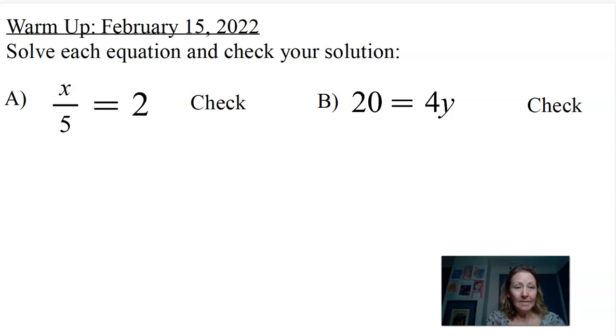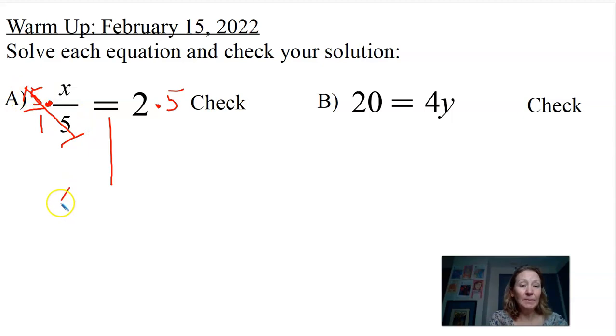Okay, the opposite of dividing by 5 is multiplying by 5, so I'm going to put a multiply by 5 over 1. I'm going to put a multiply by 5 here. Drawing my balance scale. 5 divided by 5 simplifies to a giant 1. That leaves me with x equals 10.